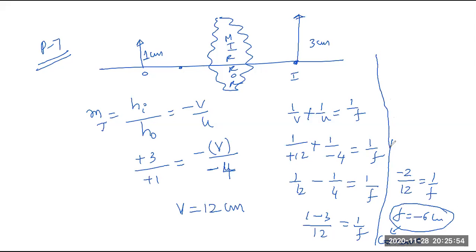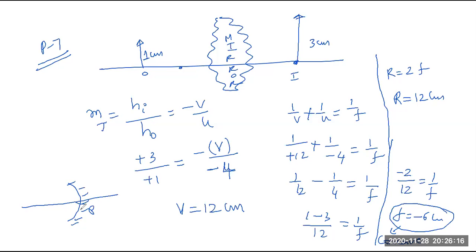Once it is a concave mirror, the radius of curvature will be 2 times the focal length. The radius of curvature will be equal to 12 centimeters. Concave mirror of radius of curvature 12 centimeters. So negative means concave mirror. So finally it is a concave mirror, and the focus will be at 6 centimeters.